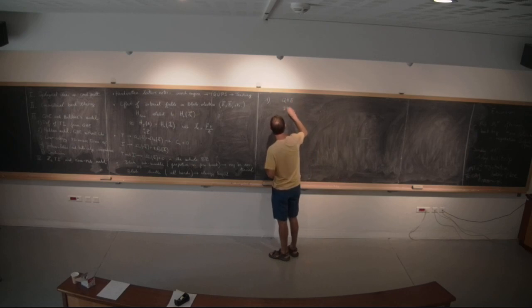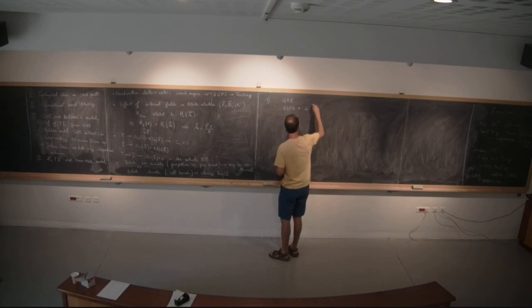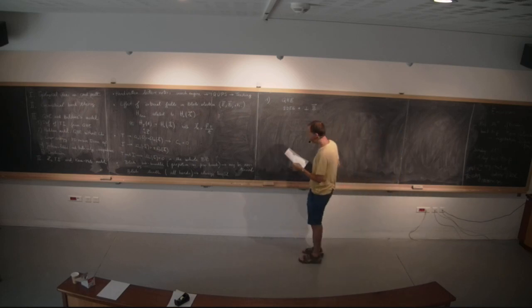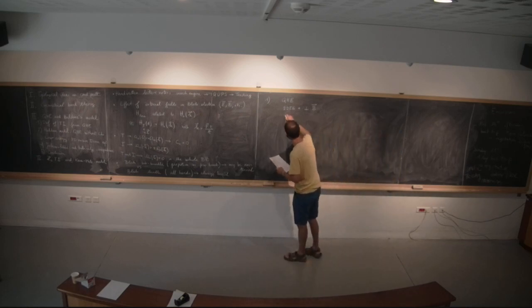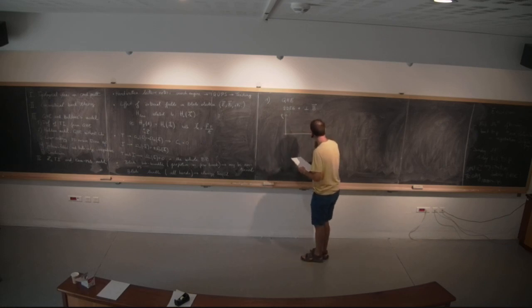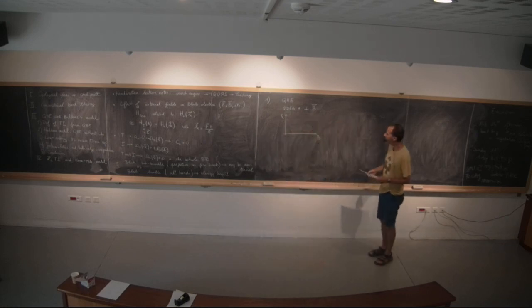You have a 2D electron gas plus a perpendicular magnetic field, which is applied. And the experimental signature is that you look at the conductivity as a function of the magnetic field or as a function of the carrier density. You can do both.